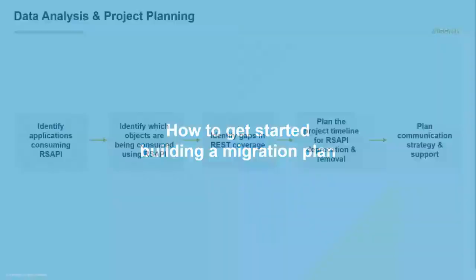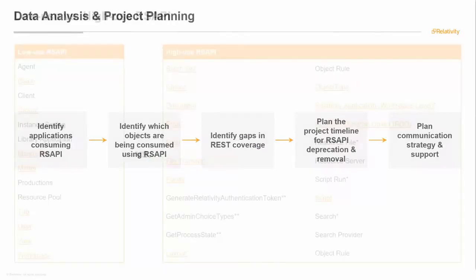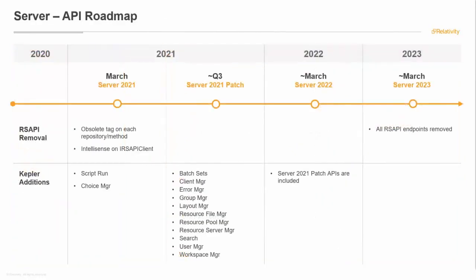We do have some additional slides with additional information that I'll show here briefly, just so you can get a sense of how this is going to affect your RS APIs for people using those. And also, we will include an API roadmap on here as well for your reference.